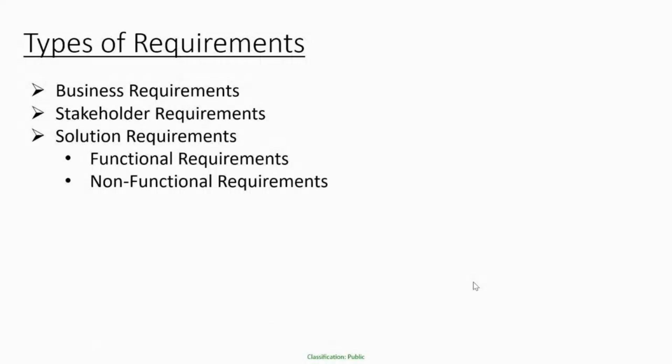Similarly, another requirement is that a user should be able to select a specific food item and add it to the cart, or that the payment should be processed within the app for the food product selected by the customer, or that it should be possible to track the delivery of the food product from the restaurant to the customer's doorstep.